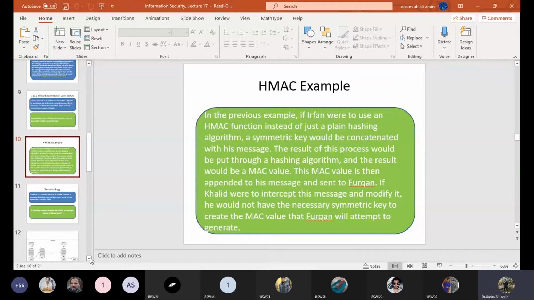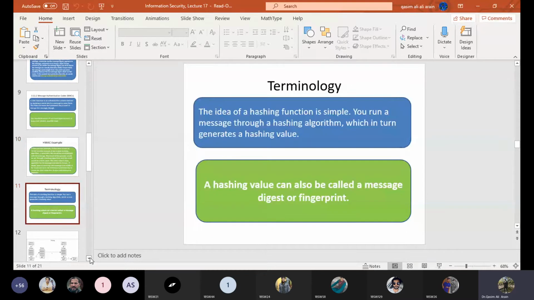Now when he makes any type of hash from the existing value, it might not be the same between the sender and the receiver, and the receiver definitely knows that this message is not coming from the legitimate user, I mean Irfan, but this is coming from some other person, right? So through this mechanism, we are going to overcome the problem of man in the middle attack in our hashing functions, right?